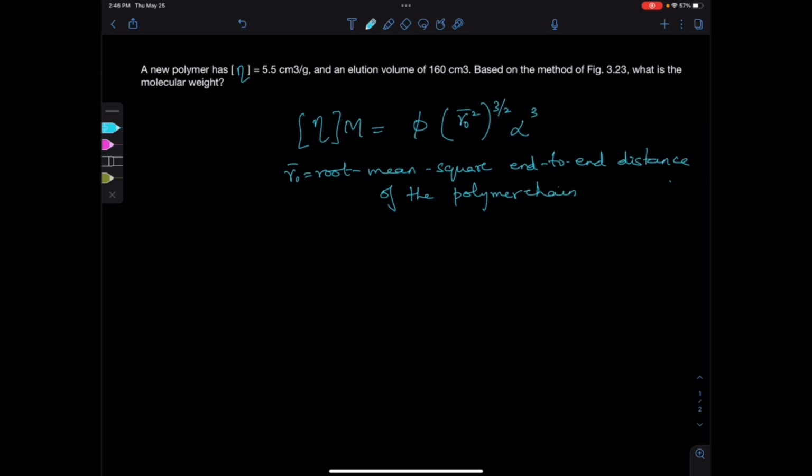So in this graph, we see that on the y-axis we have eta times M, and on the x-axis we have the elution volume.